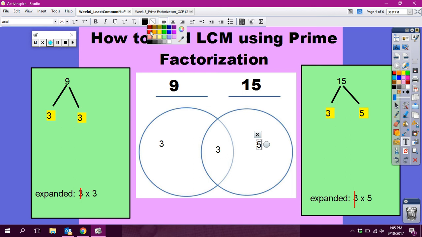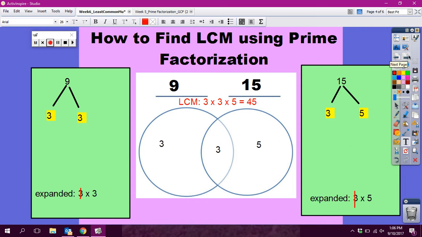Alright, so coming up here to find my LCM, that's going to be 3 times 3 times 5. Remember, I'm using everything inside the Venn diagram, not down here. I don't want to do that, okay? So looking at your Venn diagram, 3 times 3 would be 9. 9 times 5 would give me 45. So the LCM of 9 and 15 is going to be 45.